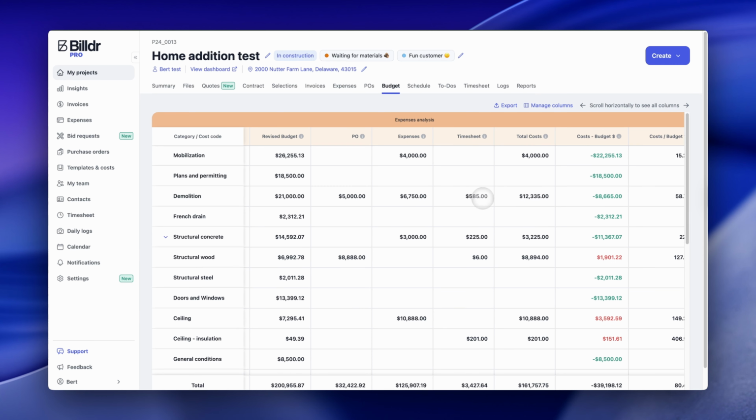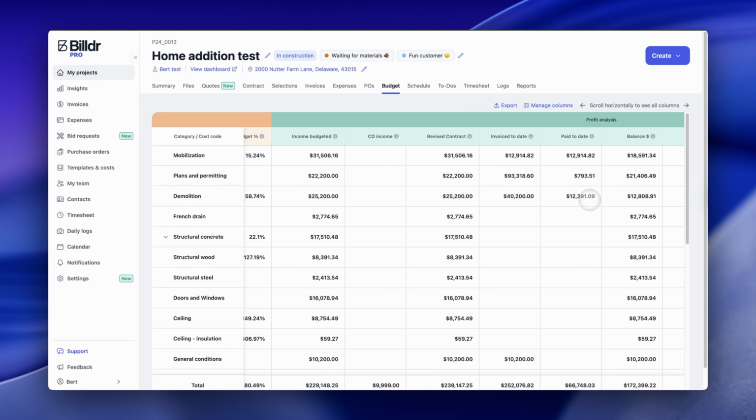And when folks are clocking in and out, and they categorize their time by what they're doing, the hours multiplied by their hourly cost is going to show up here, so that we're always going to have a detailed understanding of what our total cost is compared to the cost that we plan, so we can see if we are over or under budget. On the other side of the coin, this is where we can analyze our profit.